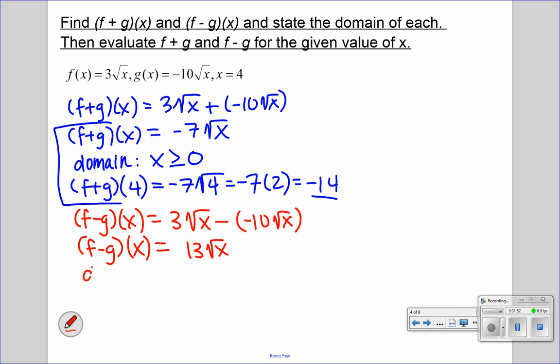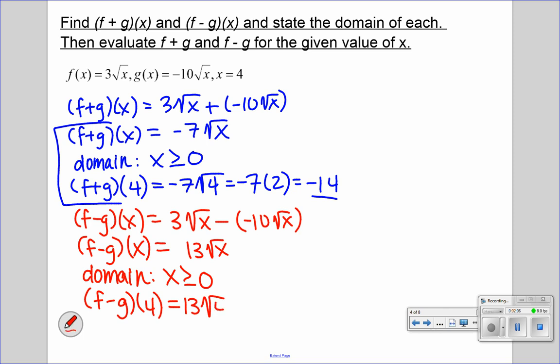Our domain is going to be x is greater than or equal to 0, because it cannot be a negative. And then we're going to evaluate f minus g of 4. So 13 square roots of 4, 13 times 2, which is 26. We have those answers. So I'm going to show you another example.